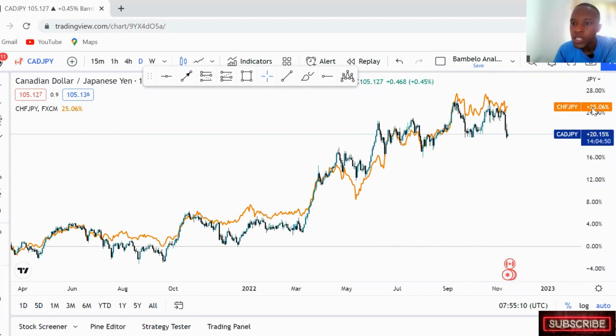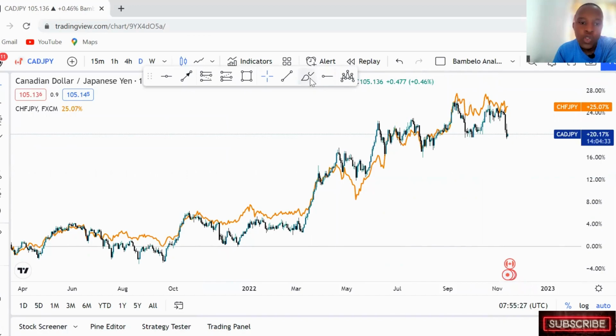I'm assuming this 5% is maybe a margin or a difference of correlation between the two. Maybe if it was 25% exactly, then they would move exactly the same. But because they do not move exactly the same, I guess that 5% is due to that.